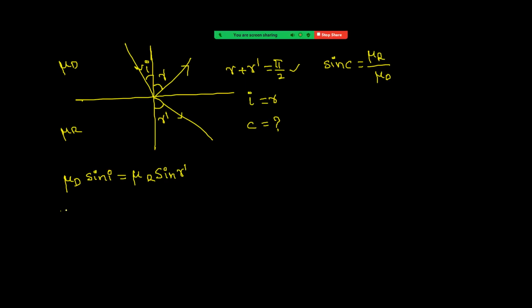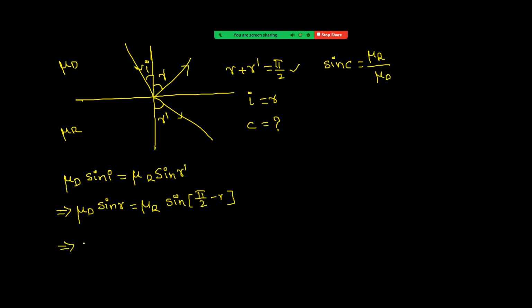Now see from here what we can do. Mu denser, in the place of i, what we can write? In the place of i, we can write it is r. It is sine r, right? Mu rarer, in the place of r dash, we can write 90 minus r. Sine 90 minus r. Okay.